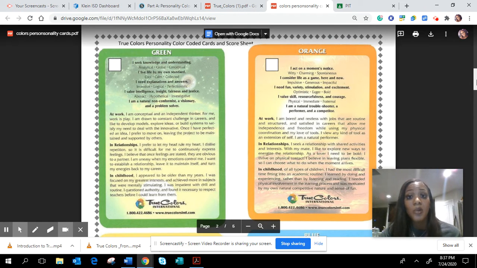What I don't want to do is have the same personality color as far as your dominant colors in the same group, because that's going to lead to you guys not getting any work done. So it is extremely important that you actually take the time to really evaluate which one of these is your gut reaction to what you relate to the most.